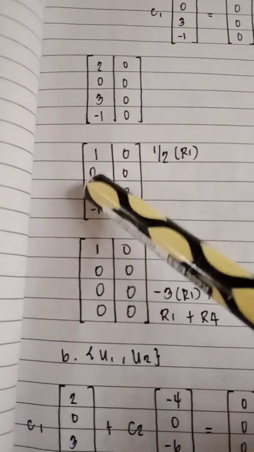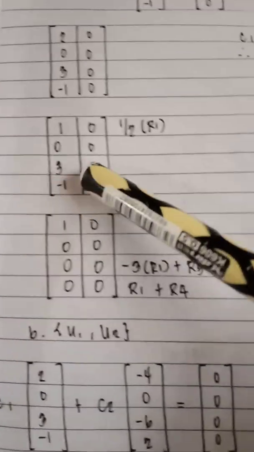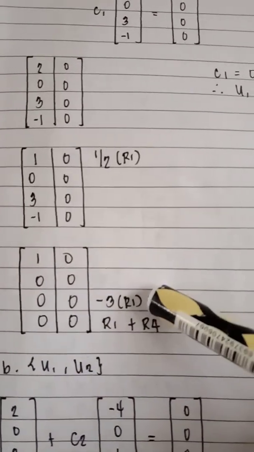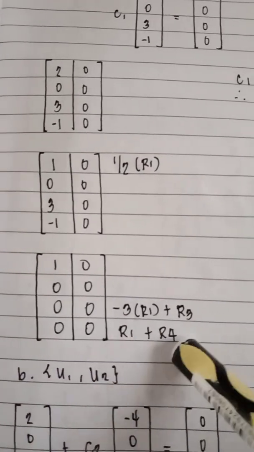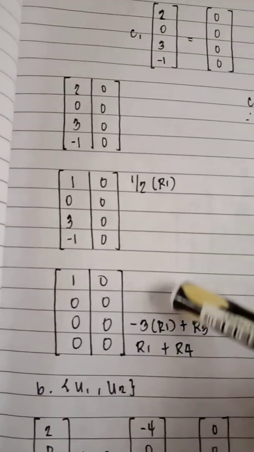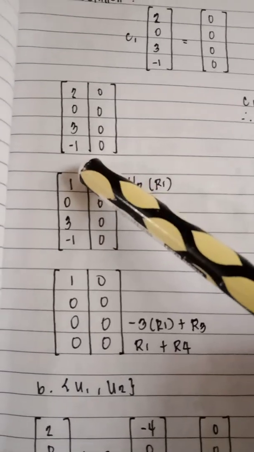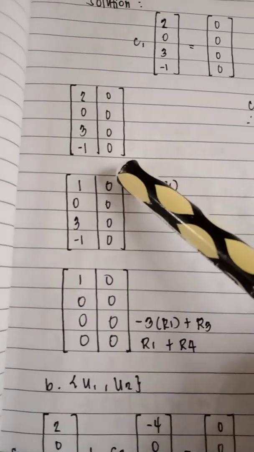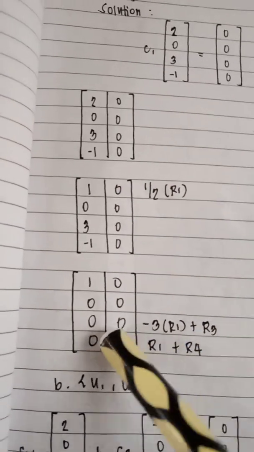We will make this 3 and negative 1 into 0. So, the formula that we will use is negative 3 times R1 plus R3, and in row 4, R1 plus R4. So, negative 3 times 1 plus 3 is equal to 0. Negative 3 times 0 plus 0 is equal to 0.